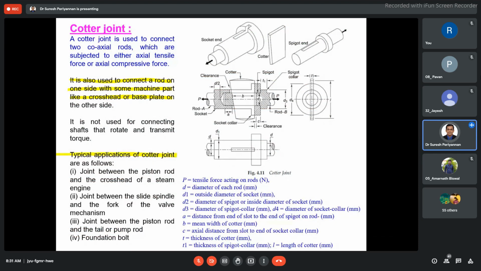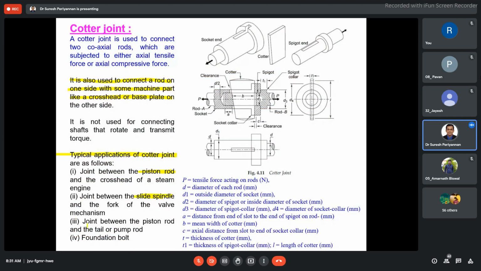Joint between the piston rod and the crosshead of the steam engine. I have shown you one example in the second slide. Joint between the slide, here also the piston is not rotating. This is a reciprocating motion. Joint between the slide, the spindle and the fork of the valve mechanism. Here also mostly sliding motion.